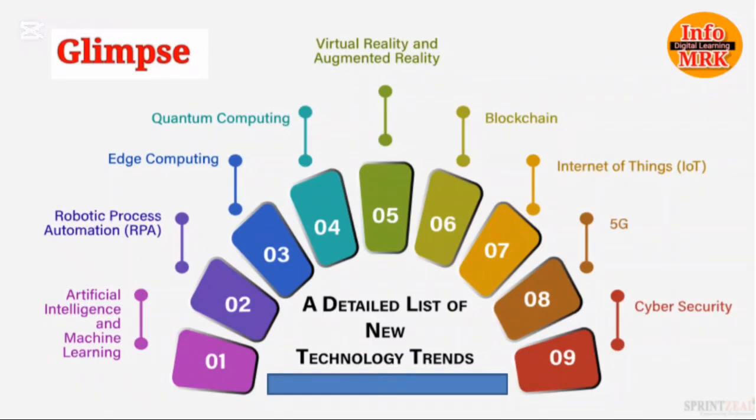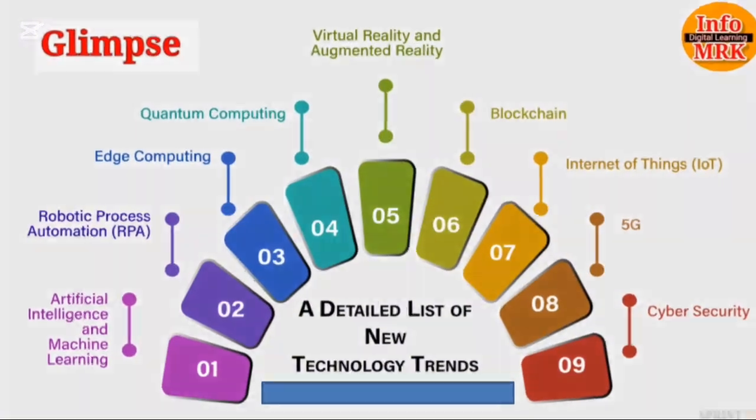Number 6, blockchain technologies. Number 7, IoT-based technologies. Number 8, 5G, and number 9, cybersecurity. These technologies are now part of computer systems and play a very important role in the field of knowledge.